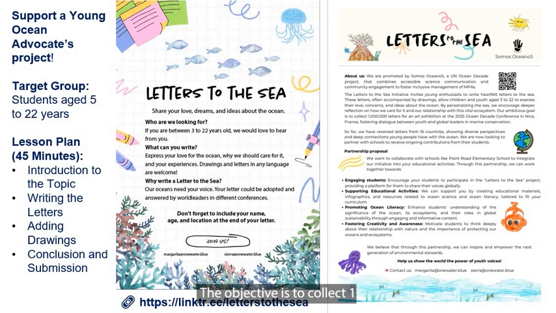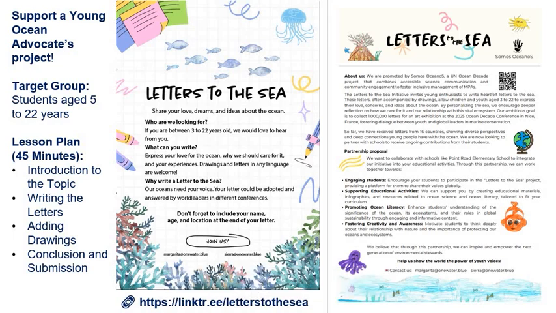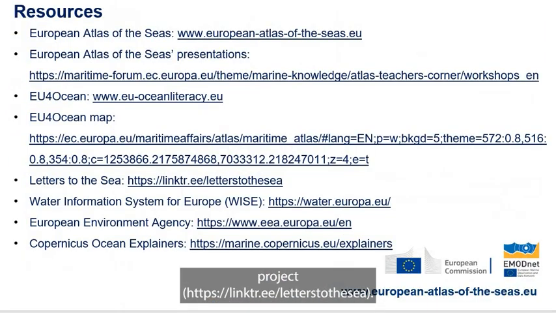The objective is to collect 1 million letters to be able to showcase them at the UN Ocean Conference in Nice in 2025. The students and the pupils can write these letters in any language. You see here the website where you can find more information about this project.